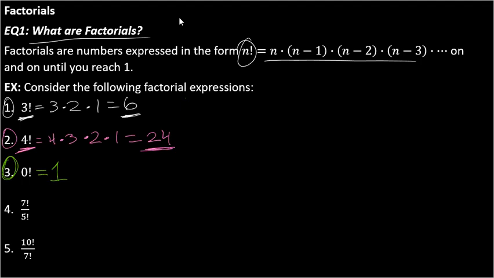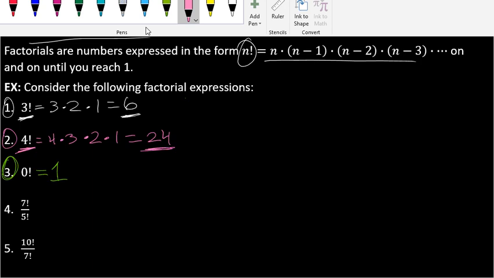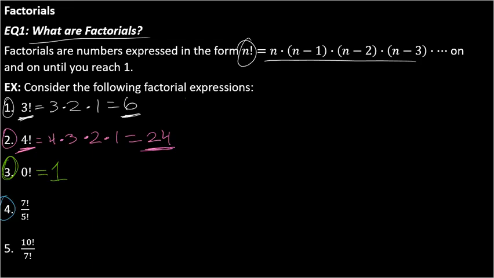I want you to do some research and try to explain why, okay? So for extra credit, email that proposed explanation or proof or whatever you want to call it to either me or Miss Roundtree. Okay, so anytime you see 0 factorial, it's equal to 1. That's basically all you need to take from that there on number 3.